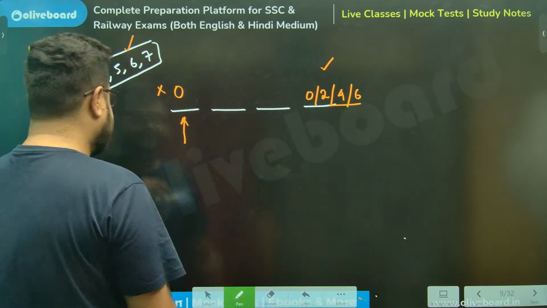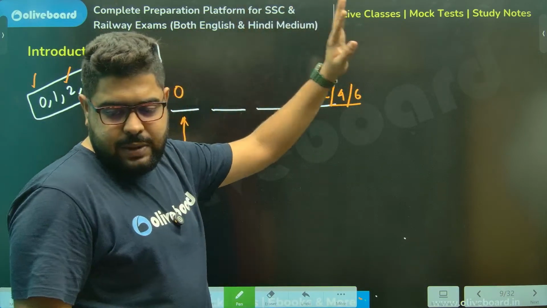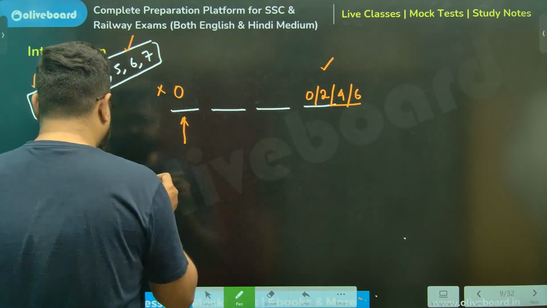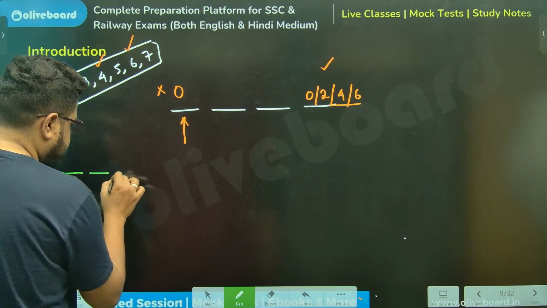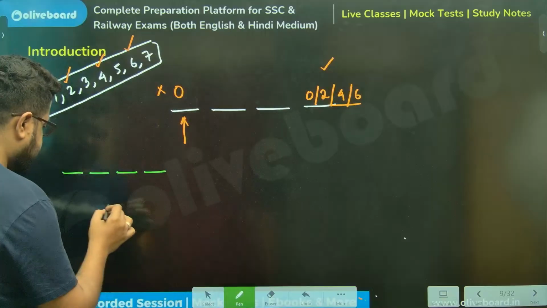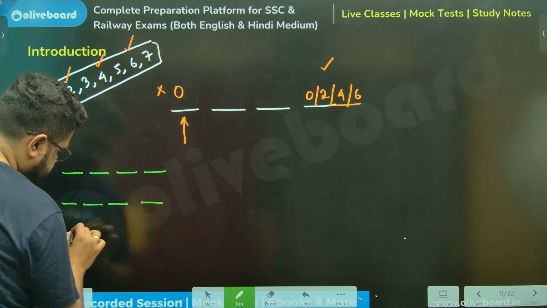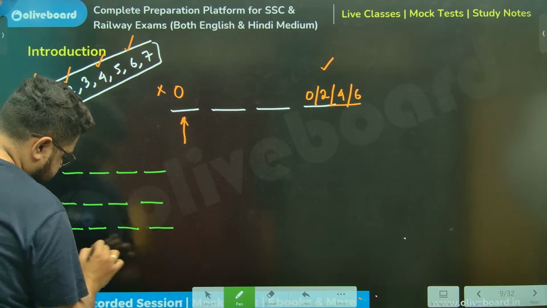Let's take 0 at this end. So what I'm saying, 1, 2, 3, 4, so there are 4 options. I'm just drawing this down.